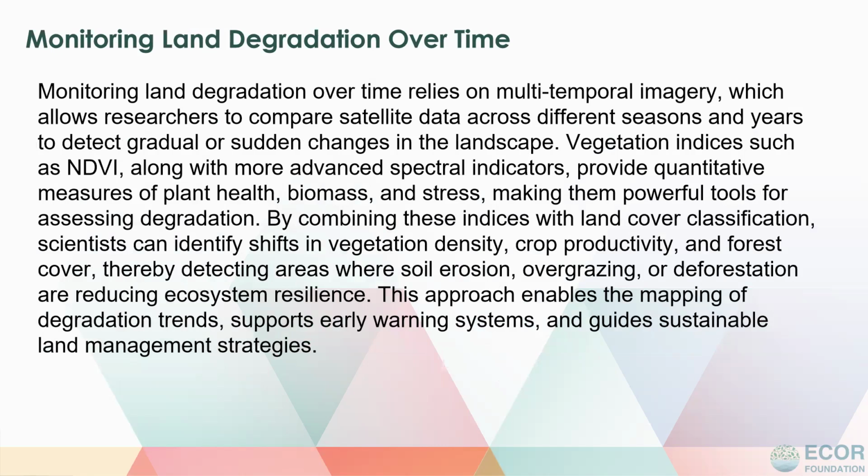Monitoring degradation over time. Land degradation rarely happens in a single day. It's actually a gradual process. Multi-temporal imagery allows us to monitor the same area repeatedly over months and years to understand long-term trends. Vegetation indices like NDVI help us detect the decline in plant health, biomass, and overall productivity.